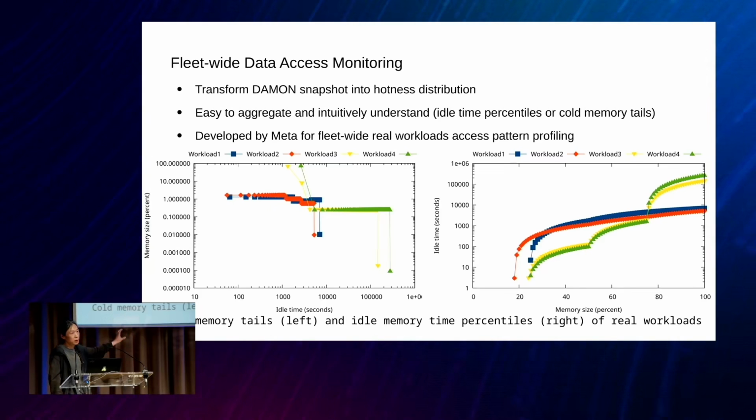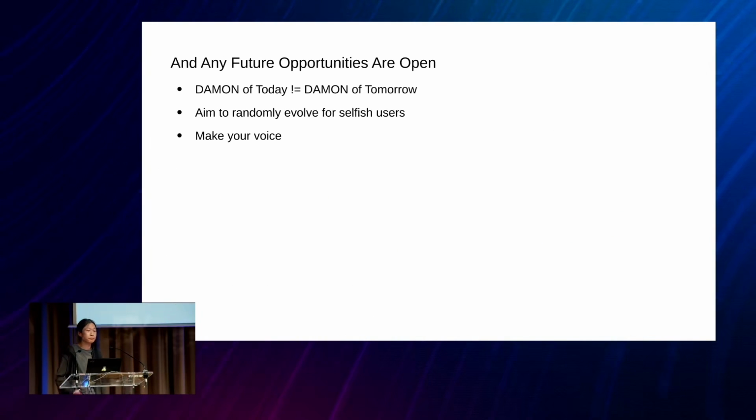That is very good information, but it is too much information to aggregate for fleet-wide monitoring, and therefore we have invented another metric called hotness distribution, in the name of idle time percentiles, also called memory tails, that's shown here as a visualization. And we have developed this for Meta for fleet-wide workload access pattern profiling, and were able to show the fleet-wide access patterns on some of our real workloads.